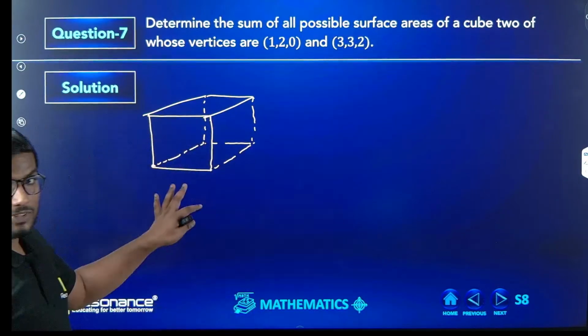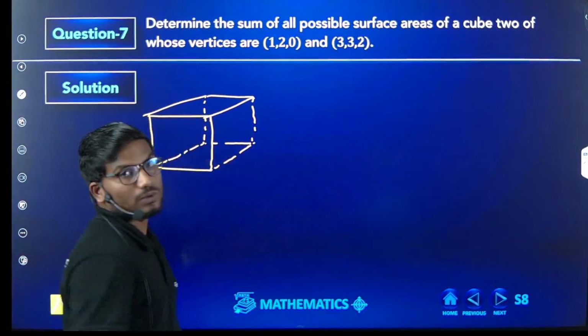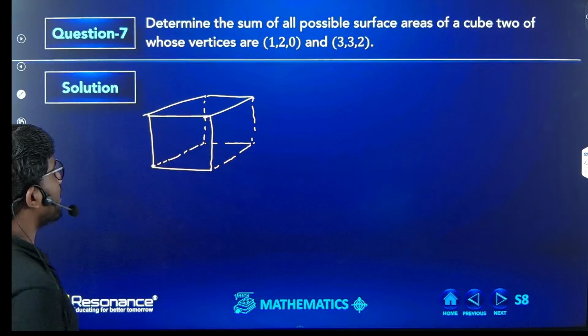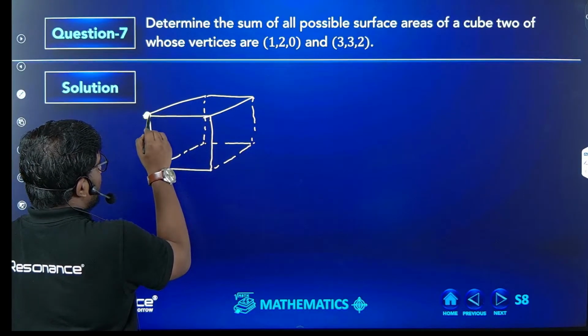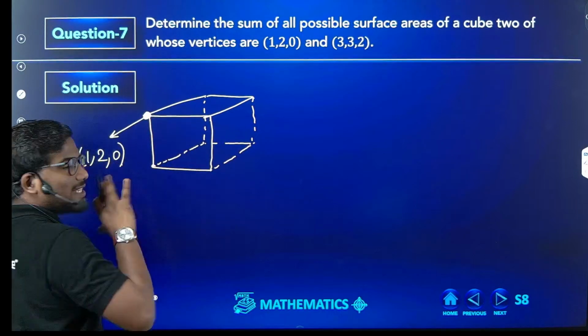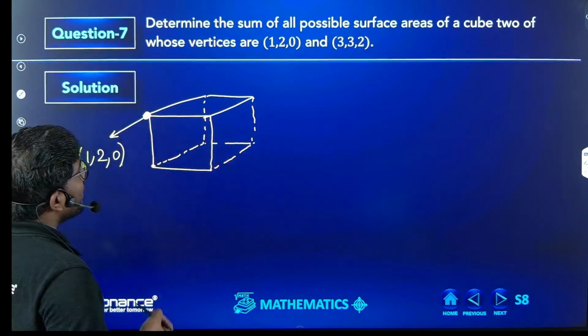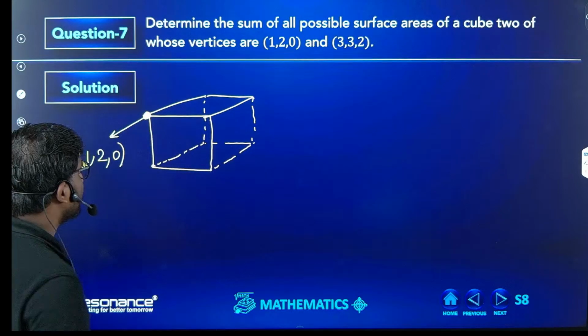So this is a cube with vertices 1, 2, 0 and 3, 3, 2. So the vertices in three-dimensional geometry, I would prefer to choose this vertex as 1, 2, 0. I'll fix it up. Now, the second vertex depends on our decision to where to place it.